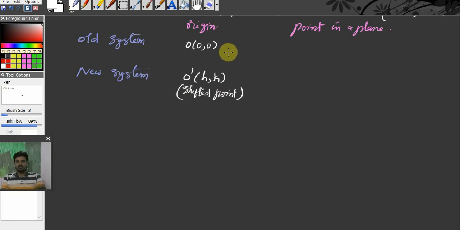Next, in old system, a point in a plane can be taken as p by using small letters. In new system the point p can be taken as capital X comma capital Y, where capital X is equal to x minus h and capital Y is equal to small y minus k. This is the simple table from the old system to the new system.